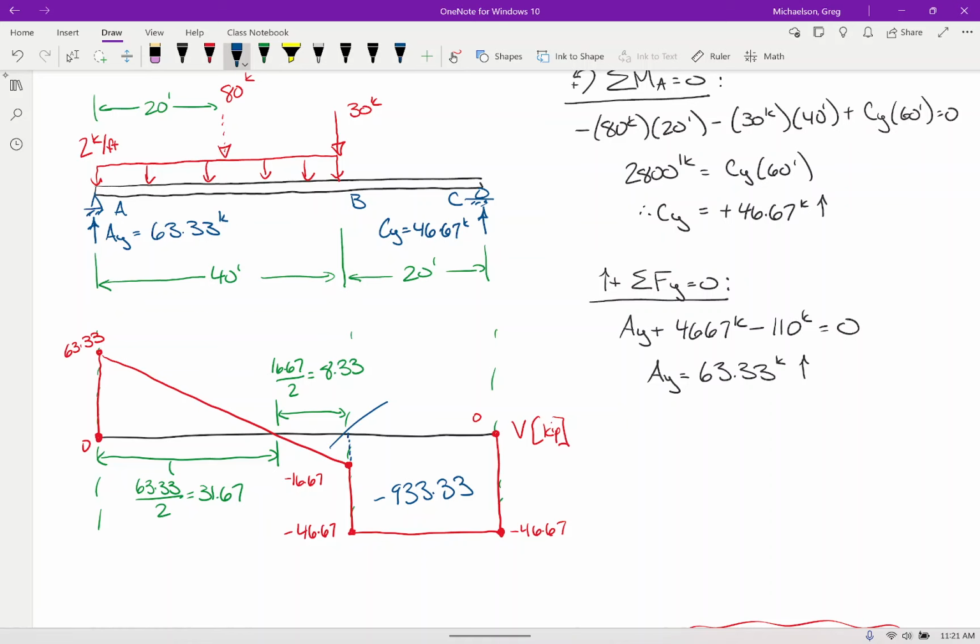So how do we get this little triangle right here? 1/2 base times height. So what is that? Basically 8.33 squared. Anybody got a number for me for this little triangle right here?